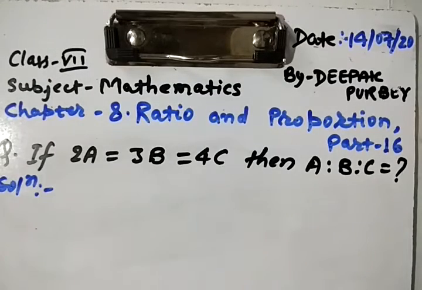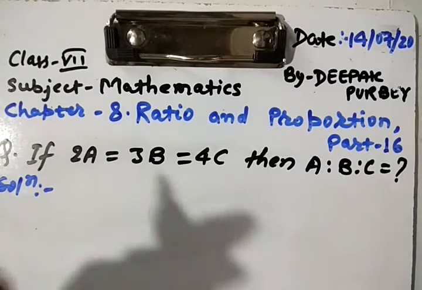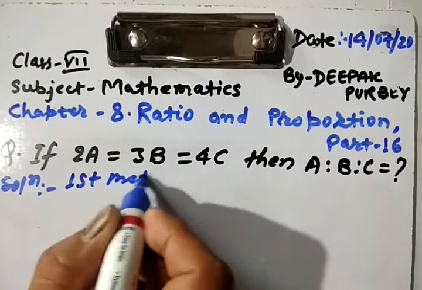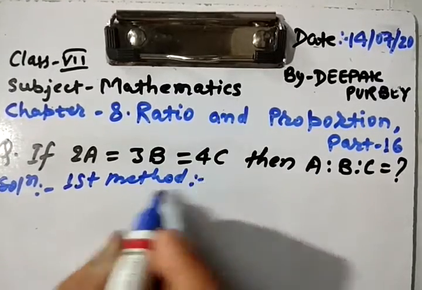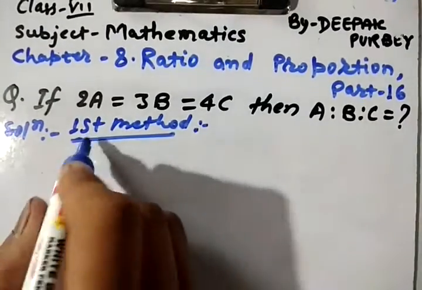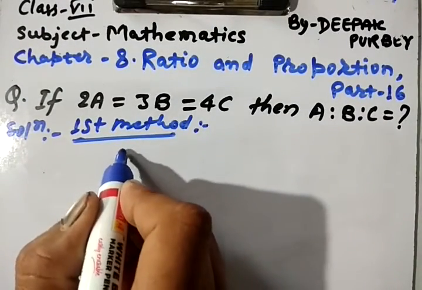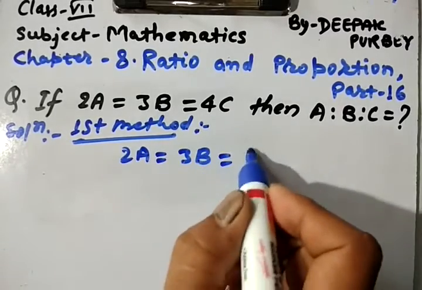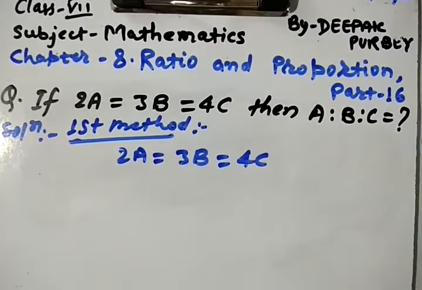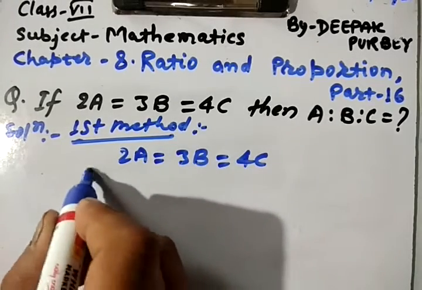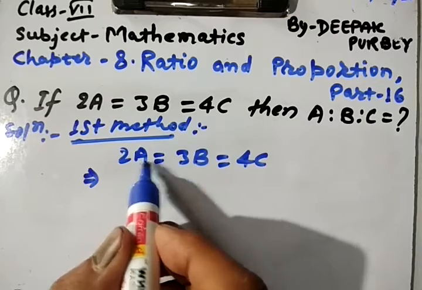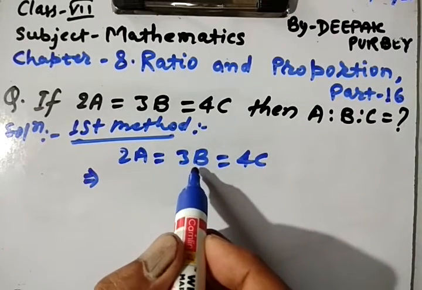This question can be solved by two methods. First method: 2a is equal to 3b is equal to 4c. From this relation, we find the value of a and c in terms of b.